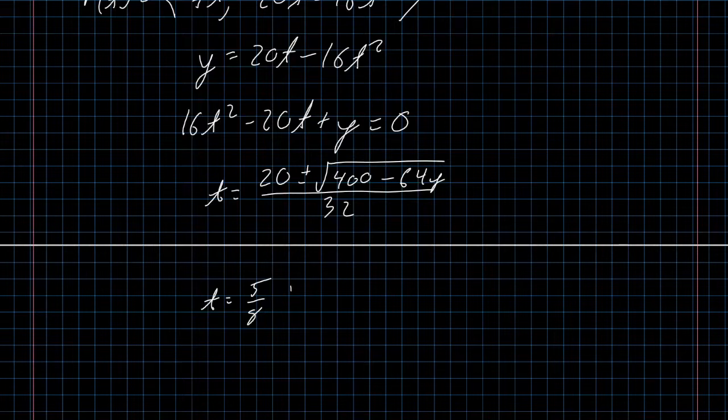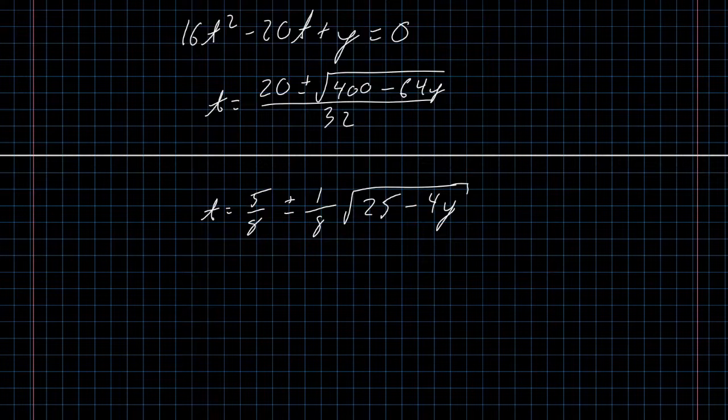And so this is going to be 32 divided by 4 is 8. 400 divided by 16 is 25. 64 divided by 16 is 4. And while those are both perfect squares, unfortunately, y is not a perfect square, and there's not really anything else we can do with that. All right, so we get a really ugly form here. But we can still use it.